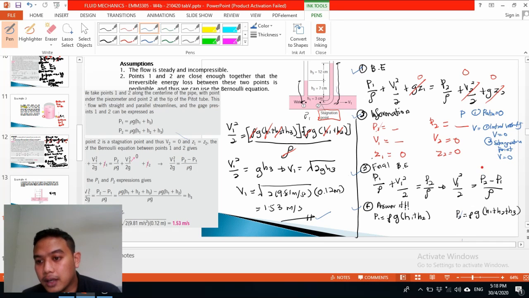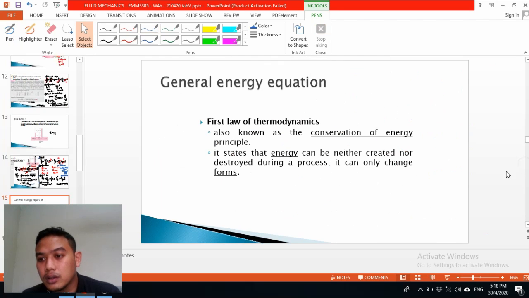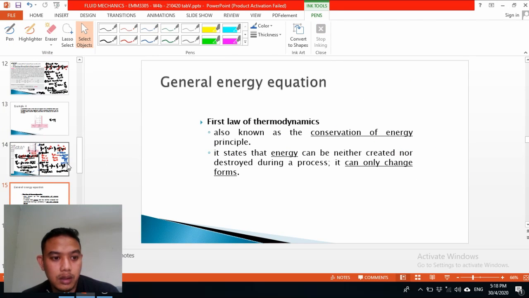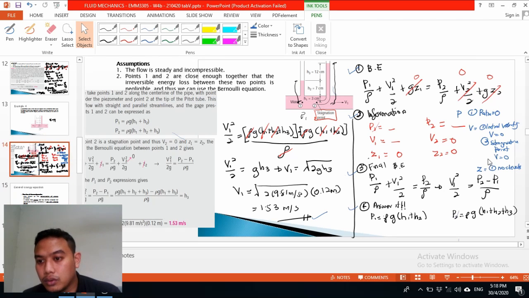For Z, the requirements are: 1, no elevation, and number 2, same level.